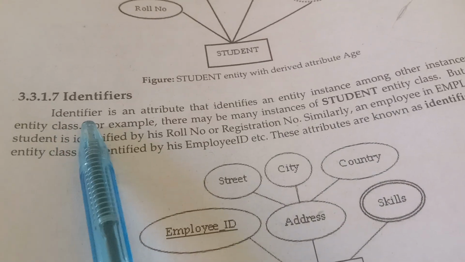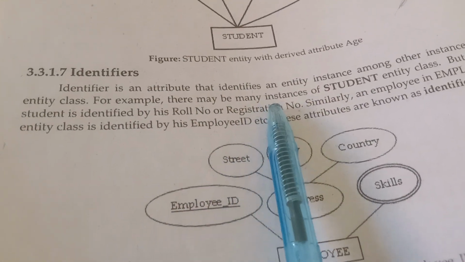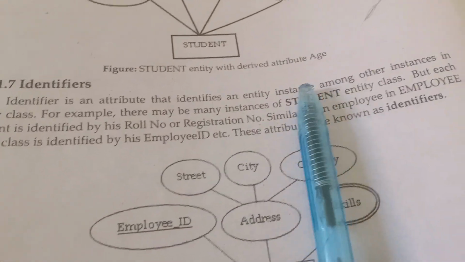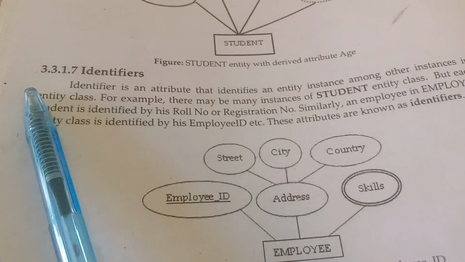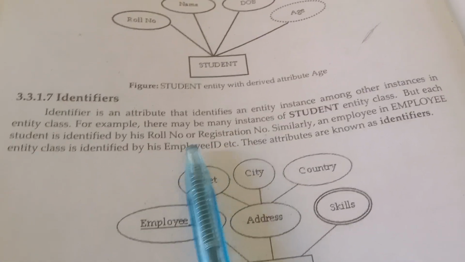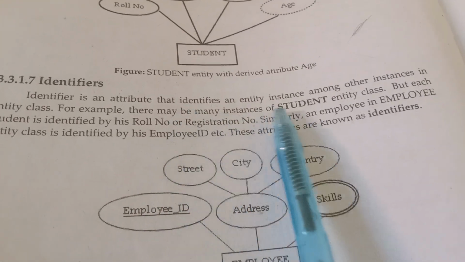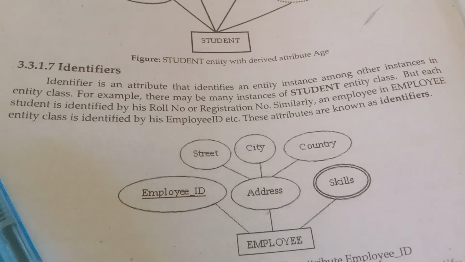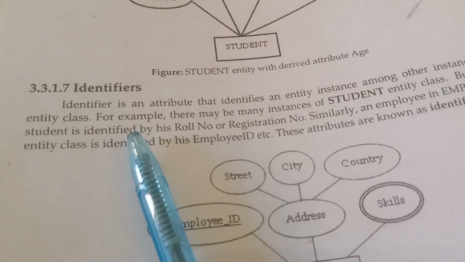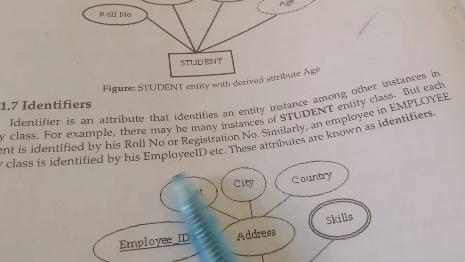Identifiers. An identifier is an attribute that identifies an entity instance among other instances in an entity class. For example, there may be many instances of the student entity class, but each student is identified by his roll number or registration number.